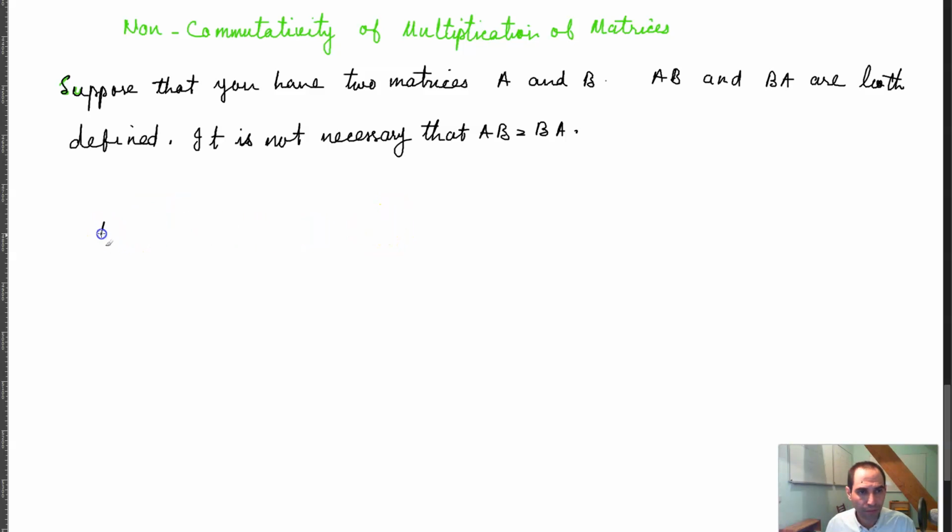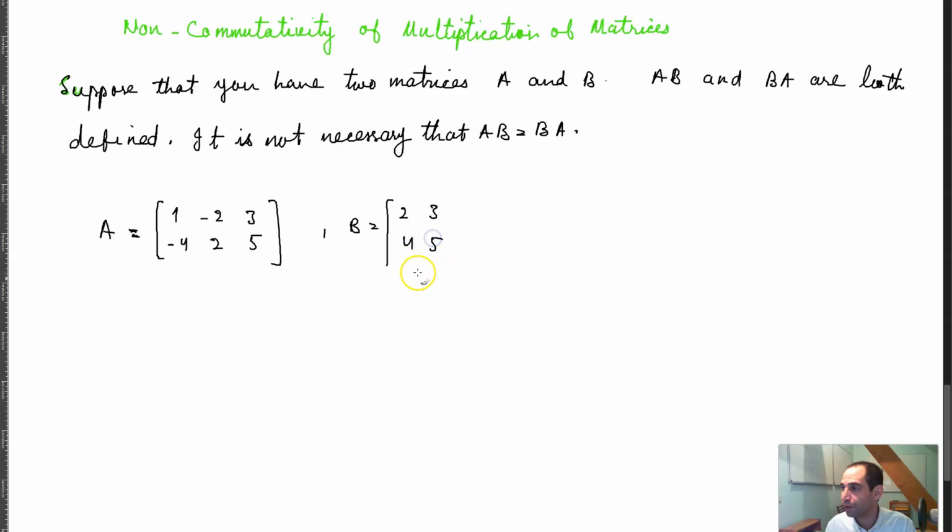For example, you have A as a 2 by 3 matrix: 1, -2, 3, and -4, 2, 5. And then you have B as a matrix: 2, 3, 4, 5, and 2, 1.